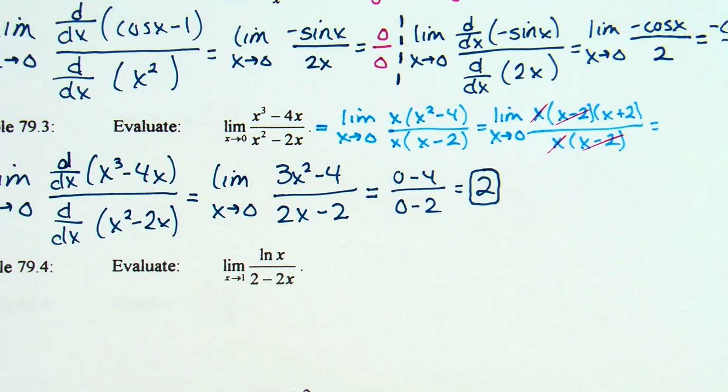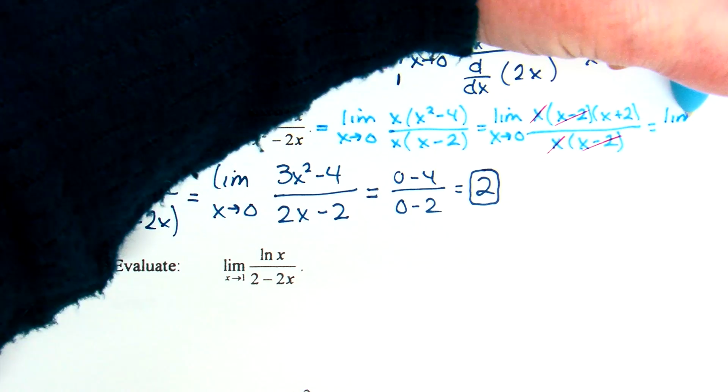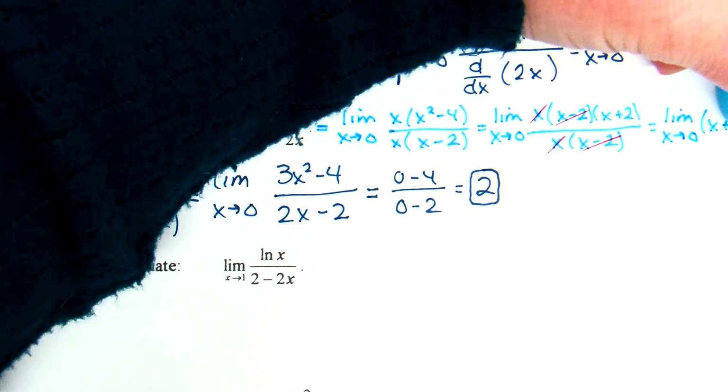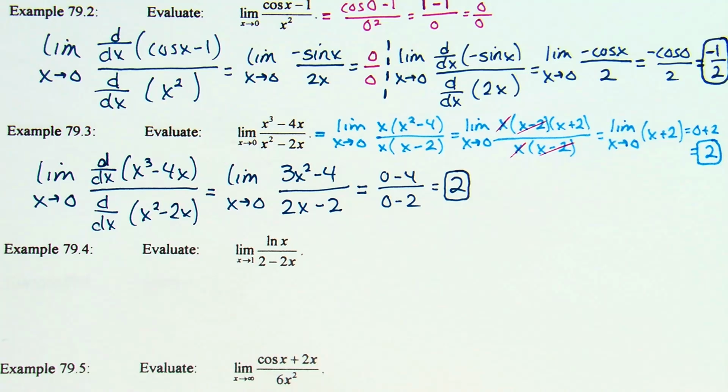X minus 2's cancel, x cancels. And this becomes the limit as x approaches 0 of what? X plus 2. Which, put in the number, 0 plus 2 is 2.